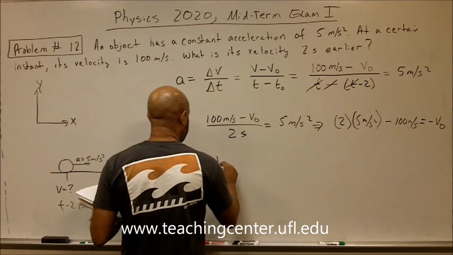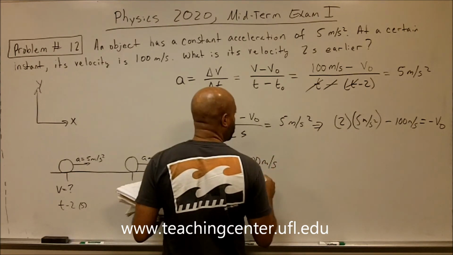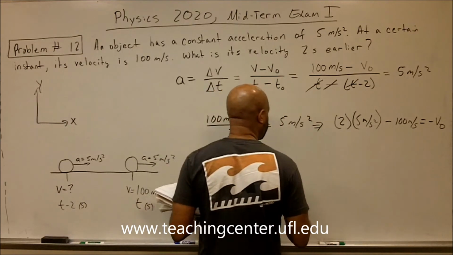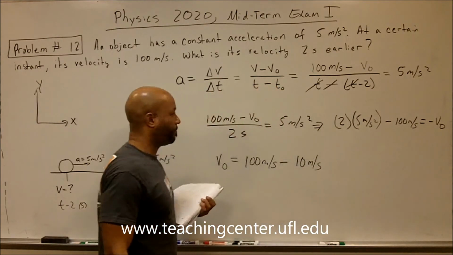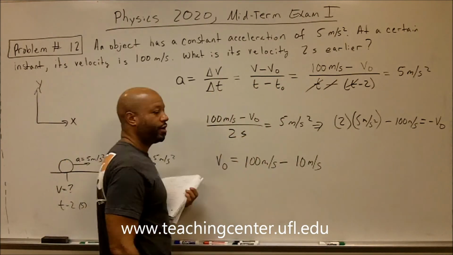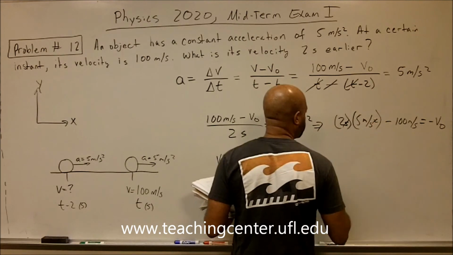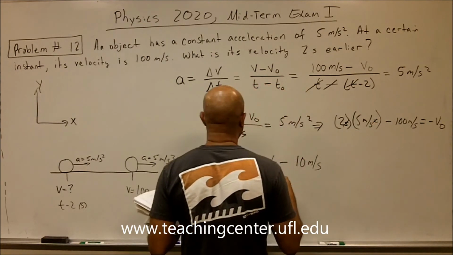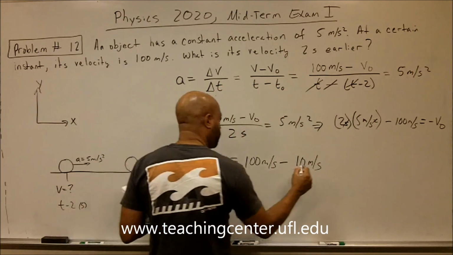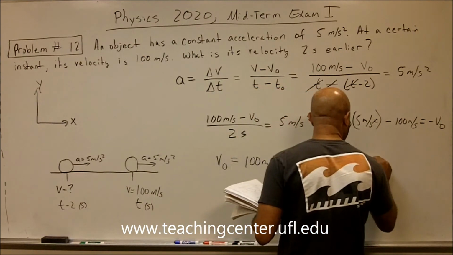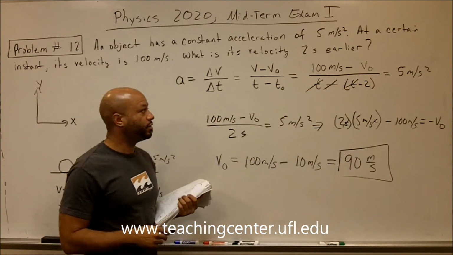So basically, the initial velocity is equal to 100 meters per second minus 10 meters per second. All I did was solve this equation for the initial velocity, and since this has units of seconds, one of these seconds cancels out, so you're left with meters per second, and this works out to be 90 meters per second, which is the answer.